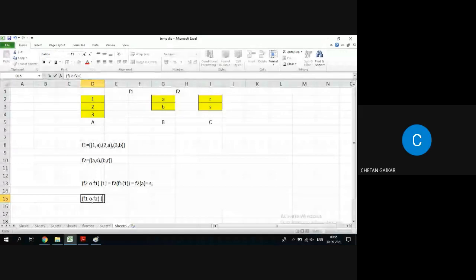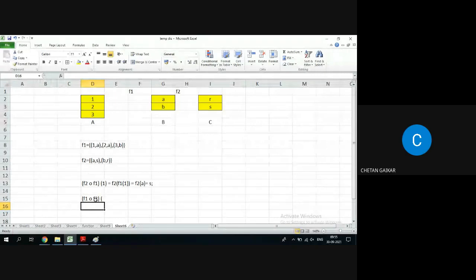Yes, sir. C to A. Why? Because f2 is from which set to which set? See how we are going from right to left. f2 is from B to C.